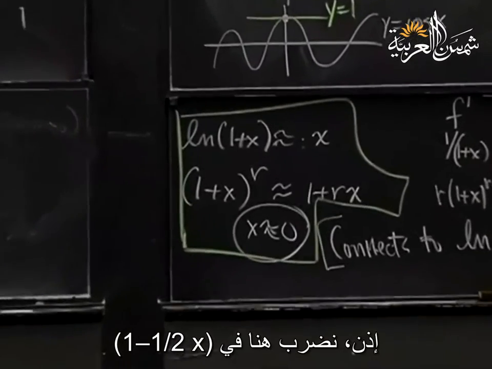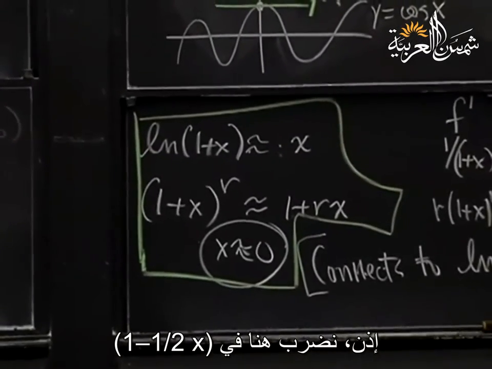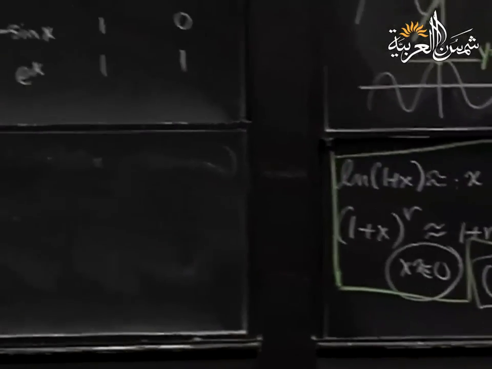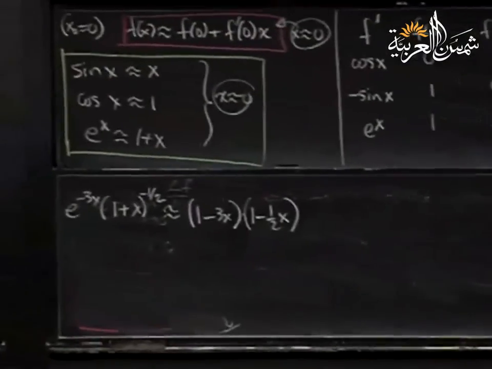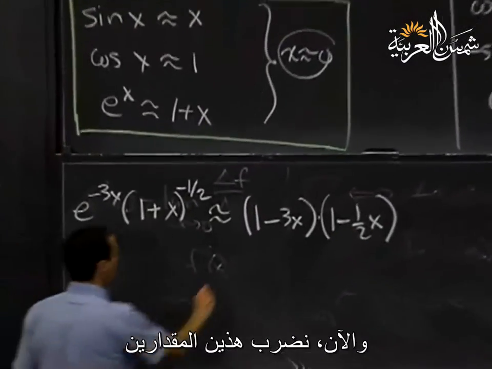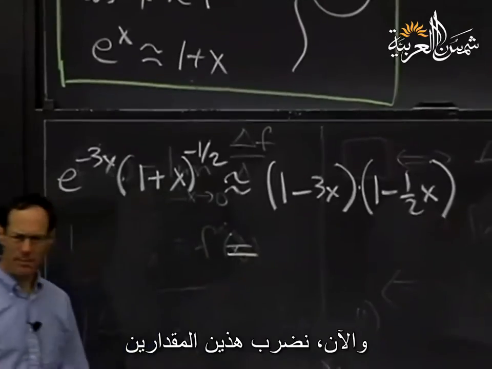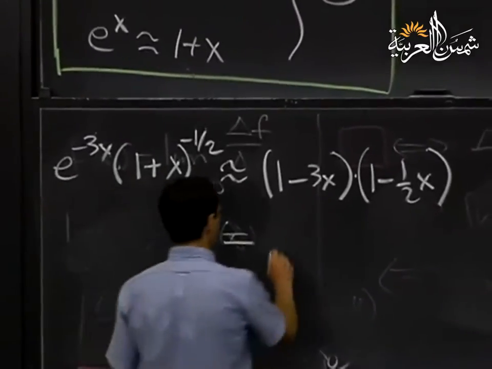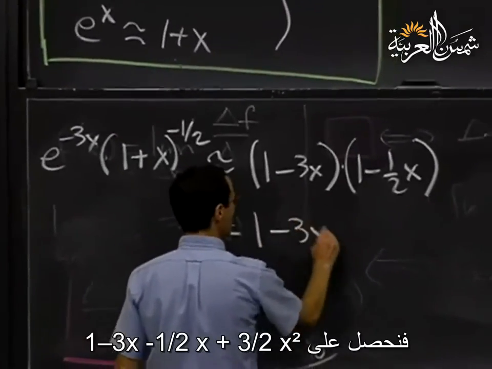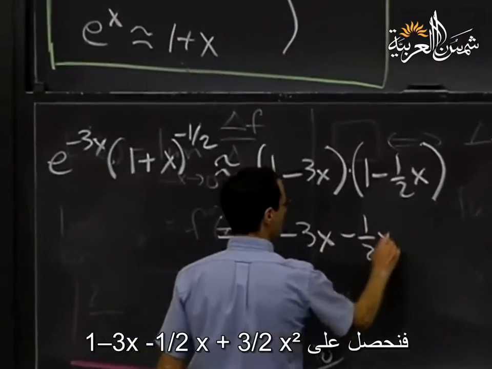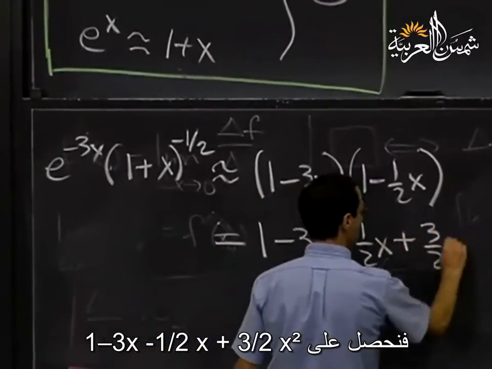So this is times 1 minus a half x. All right? And now I'm going to carry out the multiplication. So this is 1 minus 3x minus a half x plus 3 halves x squared.